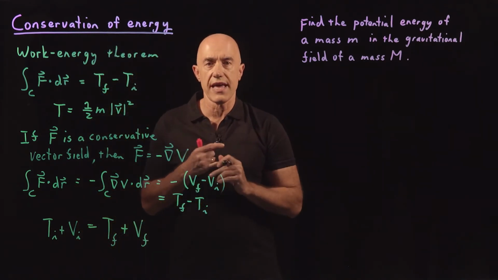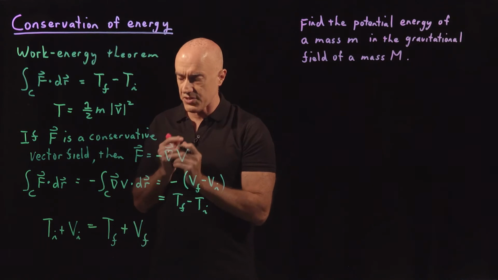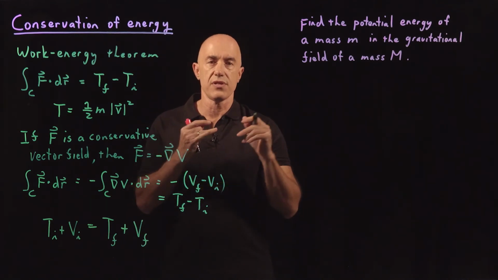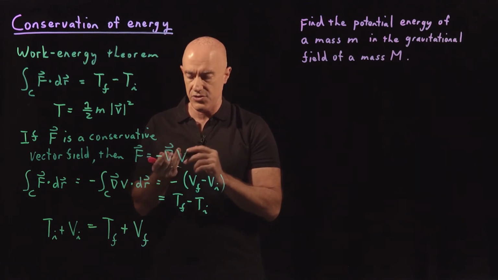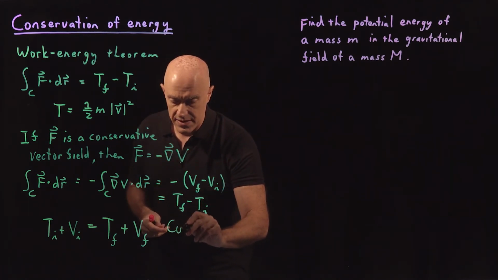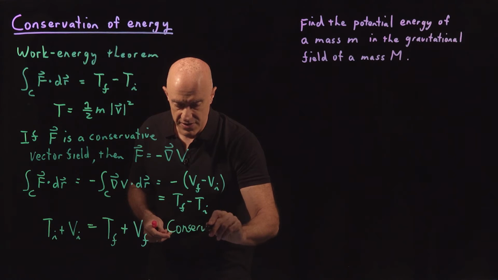So the initial kinetic energy plus the initial potential energy is equal to the final kinetic energy plus the final potential energy. And that's the expression of conservation of energy.